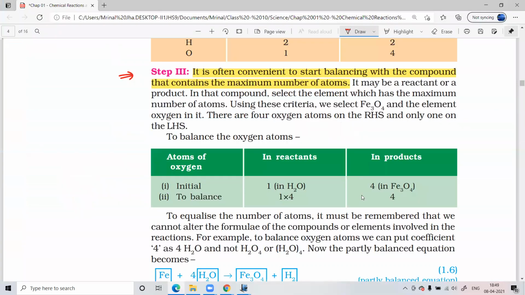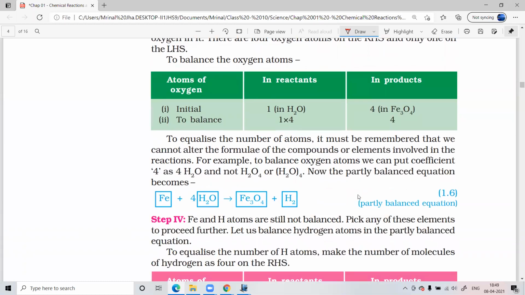Let's see what the next step says over here. As you can see, let's not go through too many wordings over here. They'll confuse you. But just understand this is what they did. They tried to balance the oxygen and they multiplied water molecule with a 4.